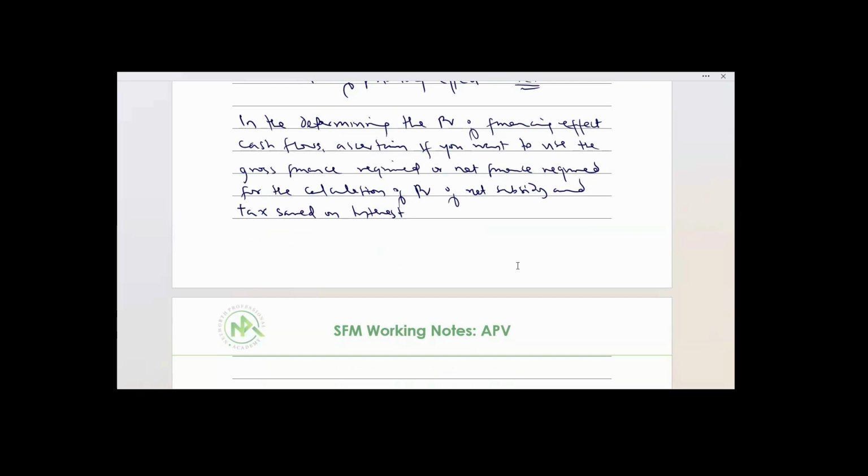Because M&M, those two controversial guys, are the ones that propounded this technique, and they failed to tell us which cost of capital or discount rate should be used for discounting the cash flow arising from the financing effects. Therefore, you are at liberty to either assume cost of borrowing or risk-free rate of return. Okay.